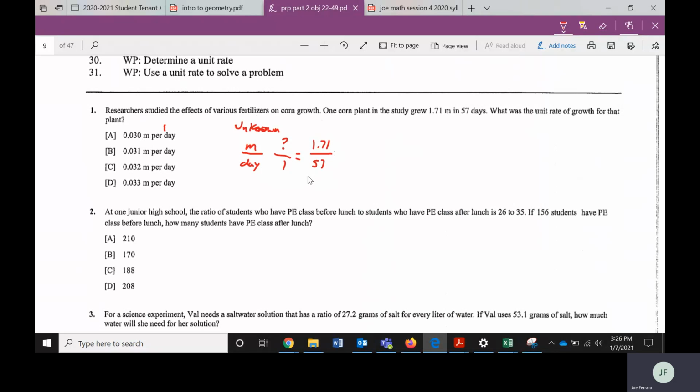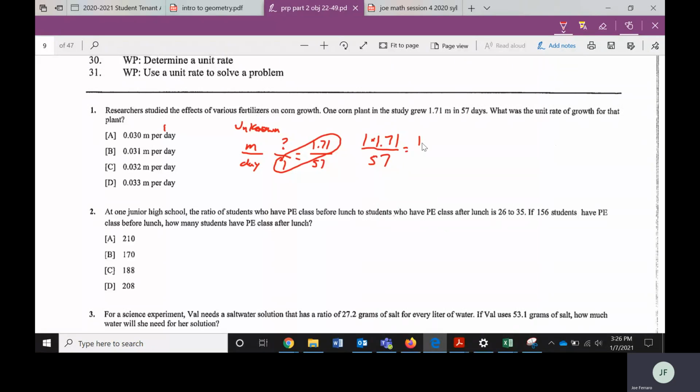Now to solve, let's just cross multiply and divide. You take the diagonal with two numbers, multiply those, and divide by the other number, which is 57.